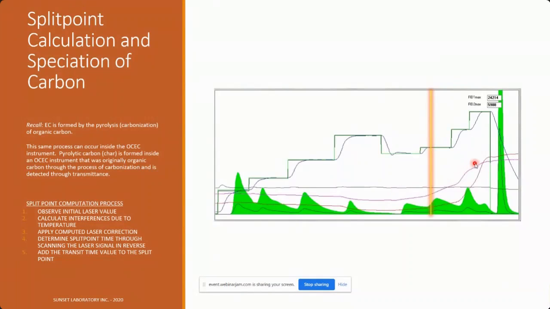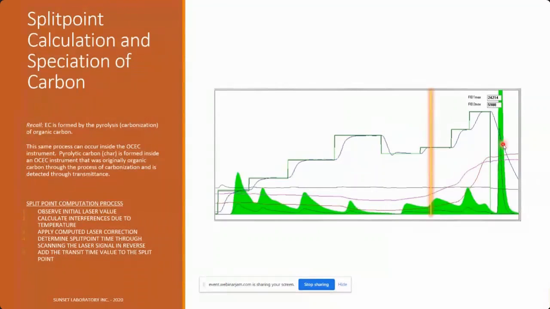Once the analysis is finished, the software will look backwards and first determine the initial laser set point. So what is the initial laser or filter value without any pyrolytic char that has occurred on the filter? Then it will look back starting at the end, to where those two points meet.